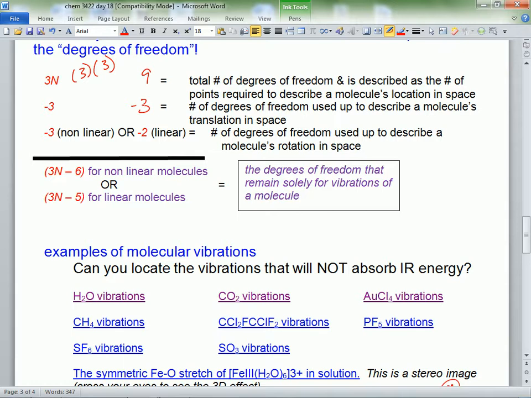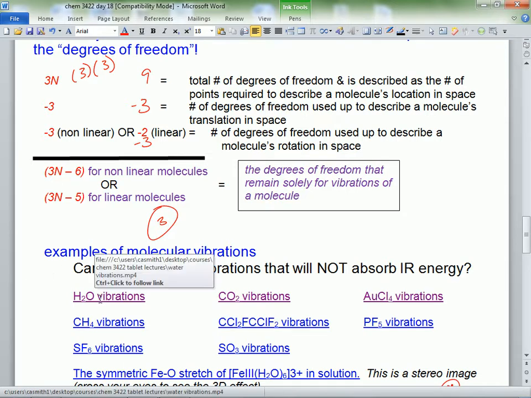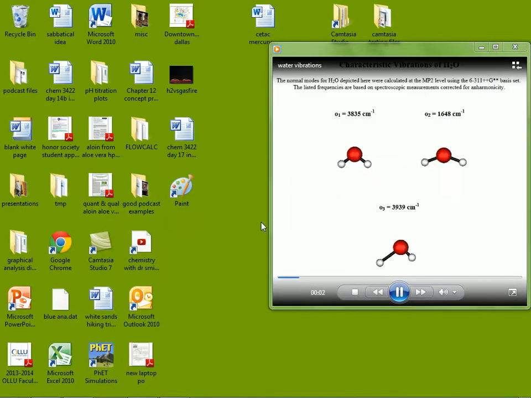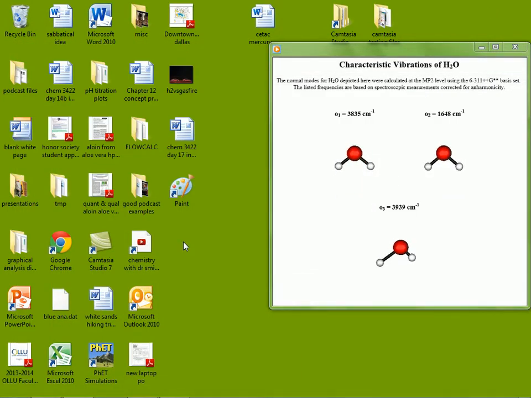Is water linear? No, it's bent. So subtract 3 more. 9 minus 3 is 6. Minus 3, I'm left with only 3. So water should have 3 vibrations. Let's see if the little model came up with 3. There they are. There's the 3 vibrations for water, and their corresponding wave numbers.